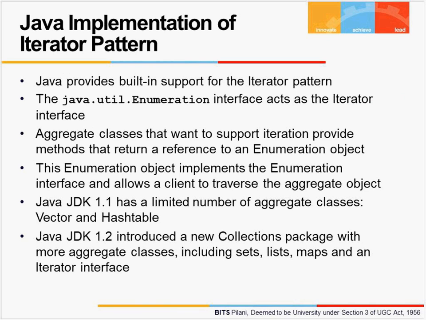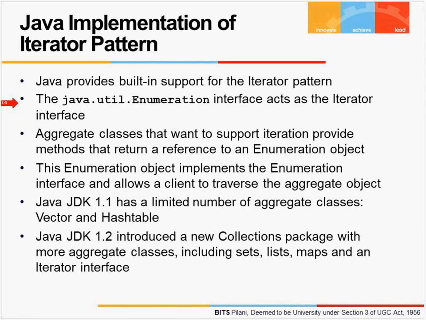An example of the iterator pattern already exists in Java. Java provides built-in support for the iterator pattern using the Enumeration interface. Those familiar with Java will understand this better.